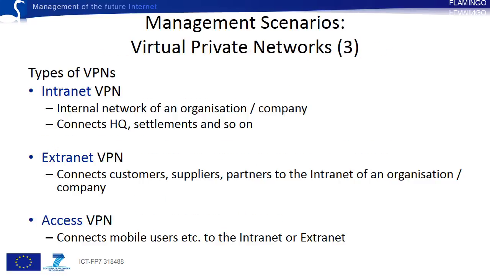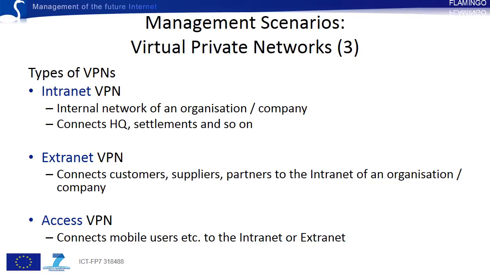Virtual private networks consist of three types. The first type is the intranet VPN, which is used as an extension of the internal network of your organization to the sites. It connects the headquarters with the settlements and other departments. The next type is the extranet VPN.